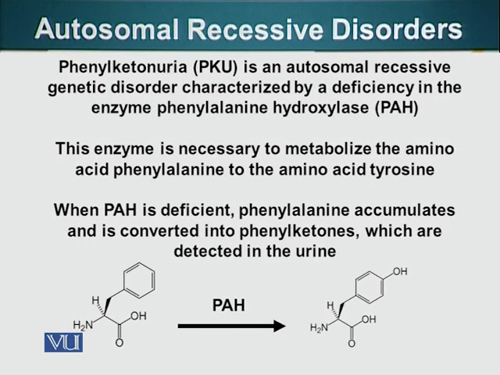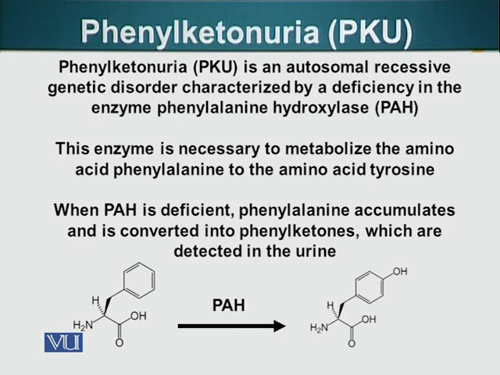Now, let's look at a specific example of autosomal recessive disorder. Generally, people think that genetic disorders cannot be cured or cannot be managed. There are certain genetic disorders that can be, and phenylketonuria, an autosomal recessive disorder, is one of those. Phenylketonuria is characterized by deficiency of an enzyme called phenylalanine hydroxylase, or PAH abbreviated.